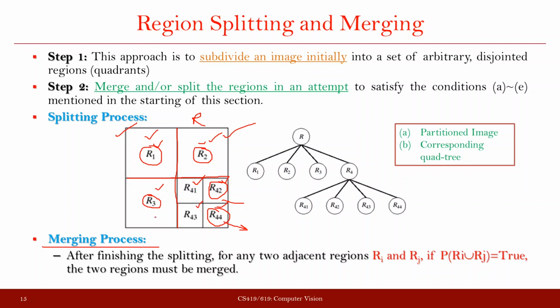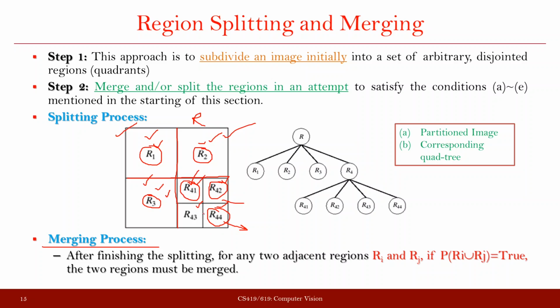For example, you find that R3 and R41 have similar properties. In the process of splitting, they could not join each other, because when we divided the initial region into 4 regions, R41 fell on this side and R3 was on this side.